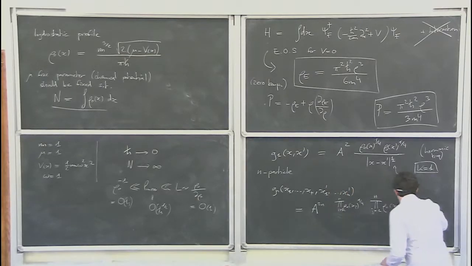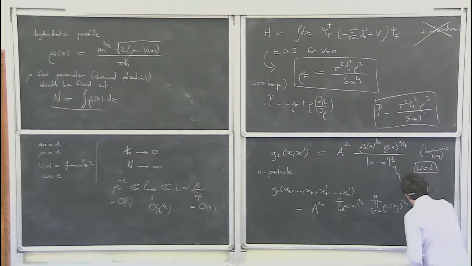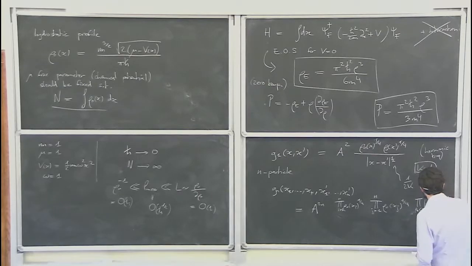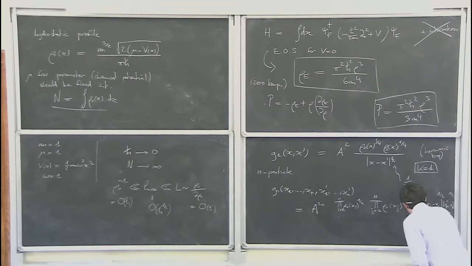And then we get some factor that really looks like this Cauchy determinant formula that I was talking about last week, except that there are some powers 1/2. So x1 prime minus x2 prime, also to the power 1/2, divided by the product over p and q of xp minus xq to the 1/2.